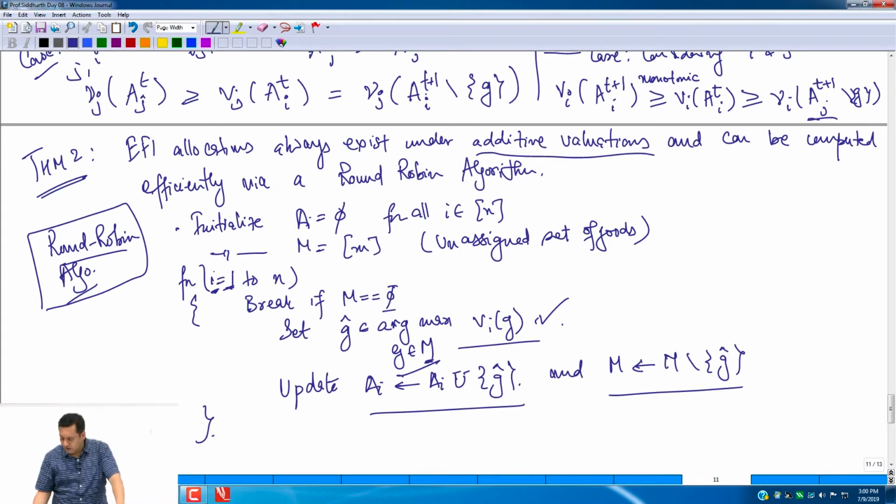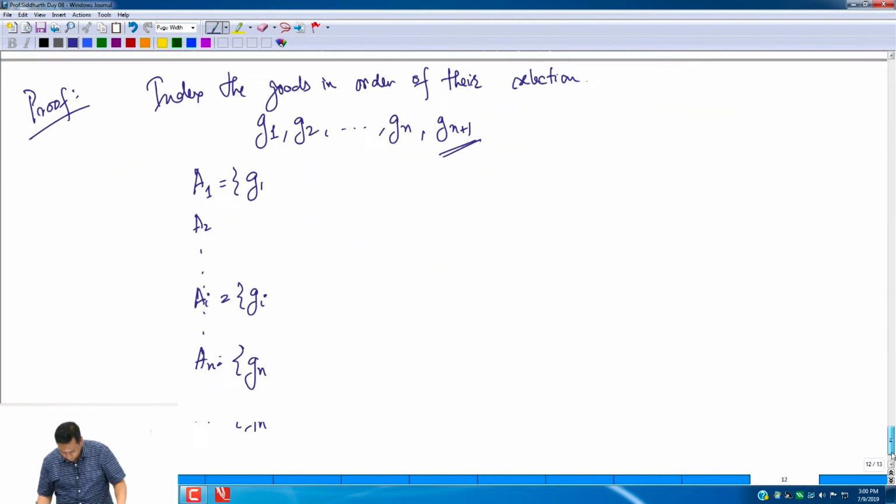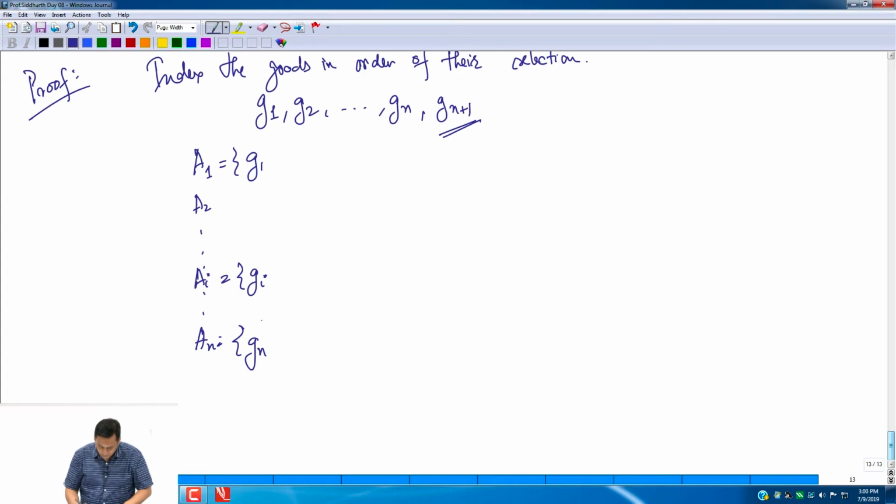What's the iteration count of this algorithm? M times, right? Every time one good goes out of contention, this G hat is kicked out, so it's m times. Right, so this is the first round of the round robin. Everyone picks one. You kind of go up and Gn plus 1 goes here.